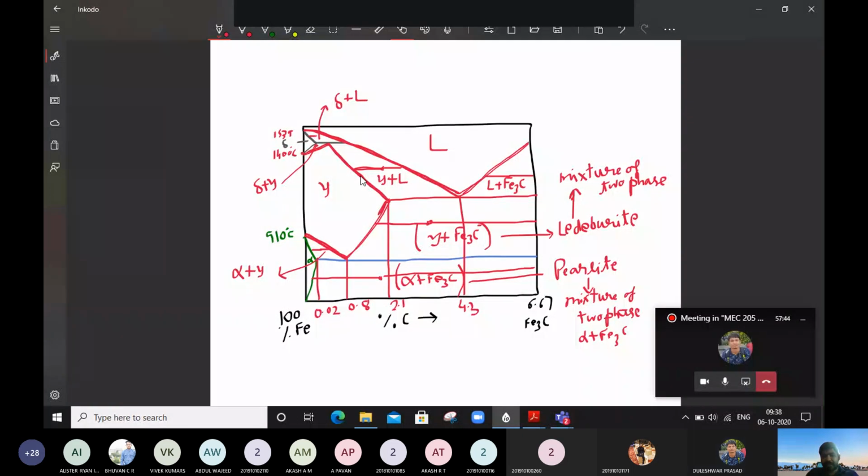But you should remember the other definition that I have told you: at a point, if one liquid is going to give you two solids, solid 1 plus solid 2, then that point is known as the eutectic point. So what is the eutectic point? The point at which a liquid phase is going to give two solid phases is known as the eutectic point.